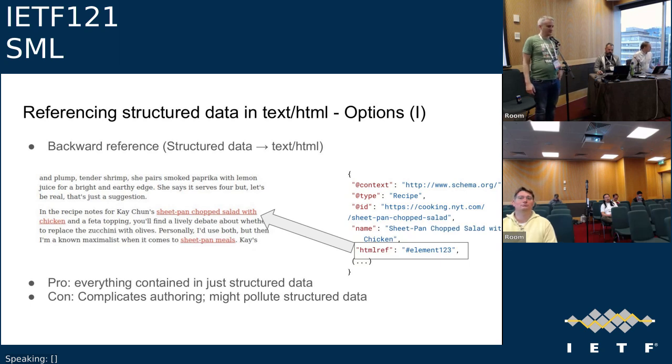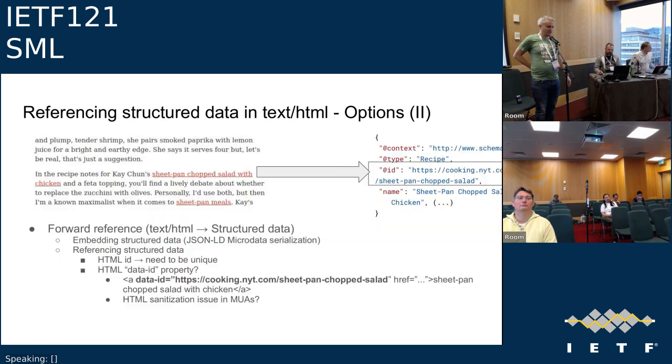The other way would, of course, be, next slide please, a forward reference, meaning that within the HTML body part you reference the structured data in a certain way, and probably the best way to do that is the ID, which typically every structured data element has.